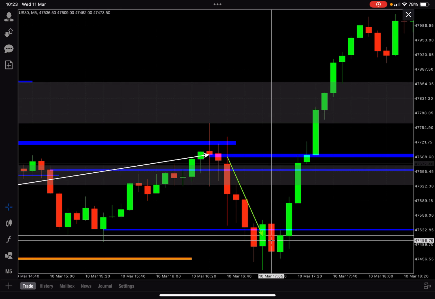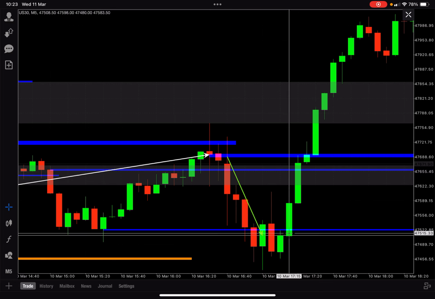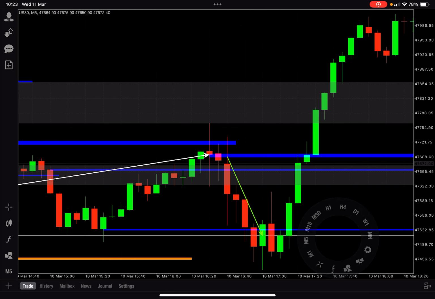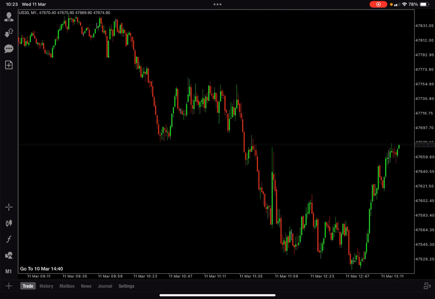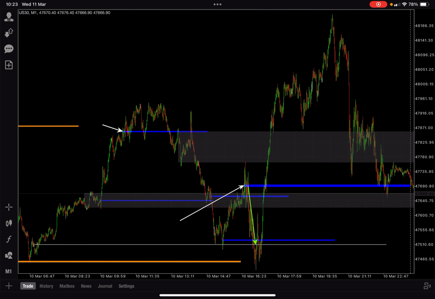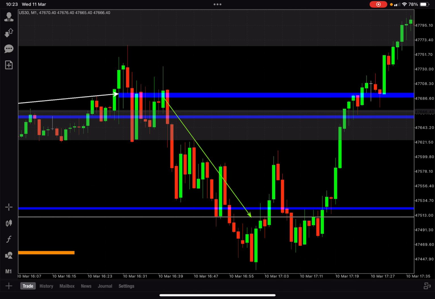Most people would be looking to enter around here or on this high, using that as your stop loss. If you go down to the 1 minute, you can see the exact structure that was given. This is the normal manipulation reversal structure.